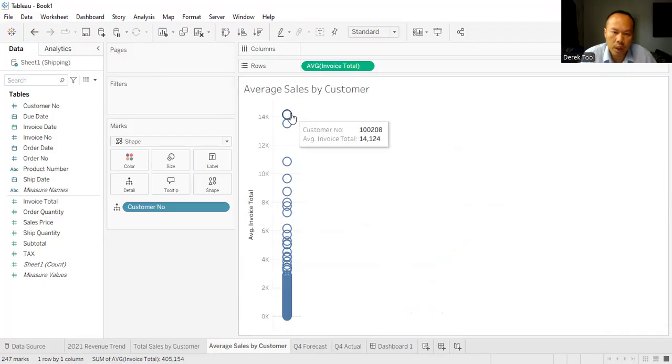So the very top one, customer number 100208, has the highest average total sales and average invoice total. That total invoice is 14,124, customer number 100208. And I have that here too.